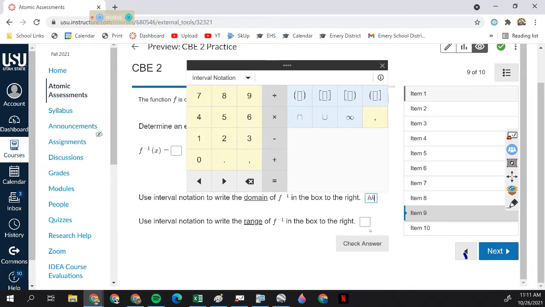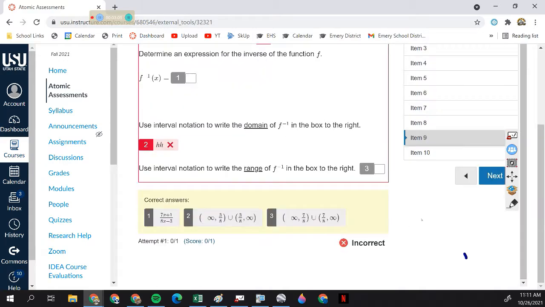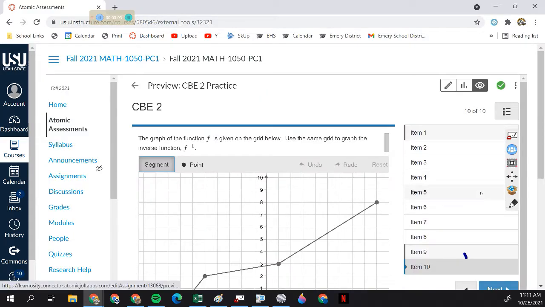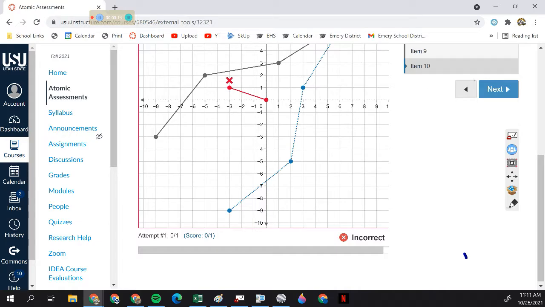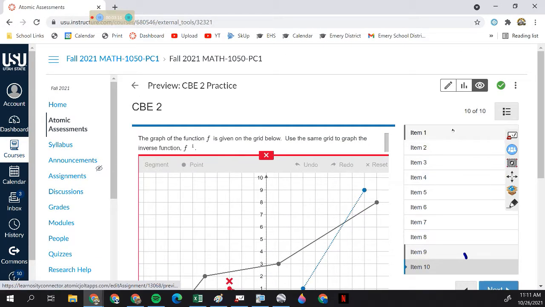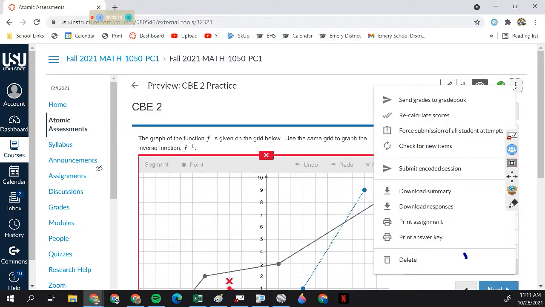Do I really have to put something in there? How do I submit it?